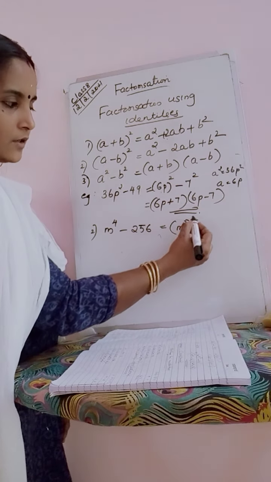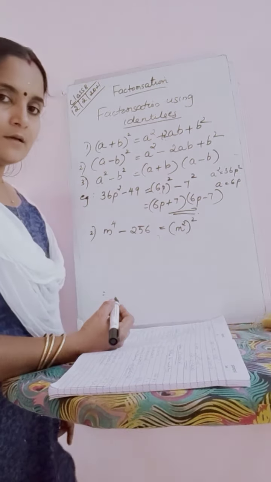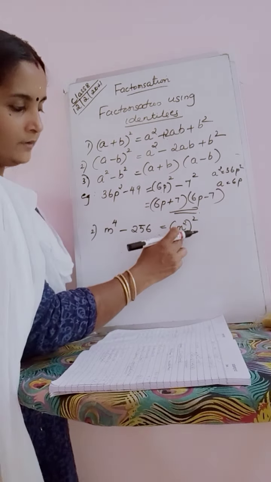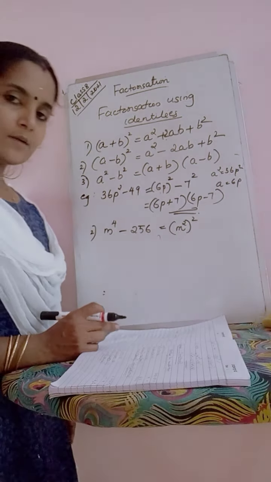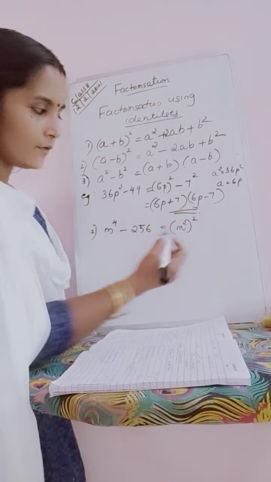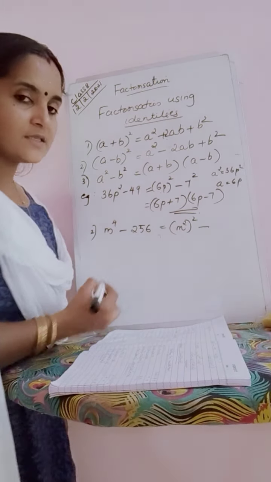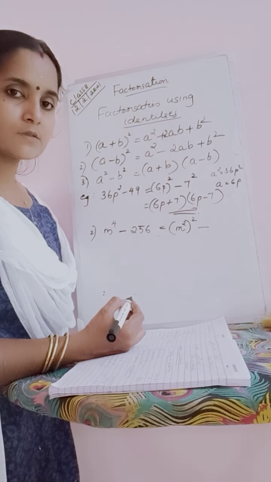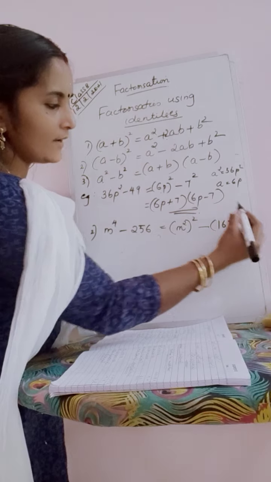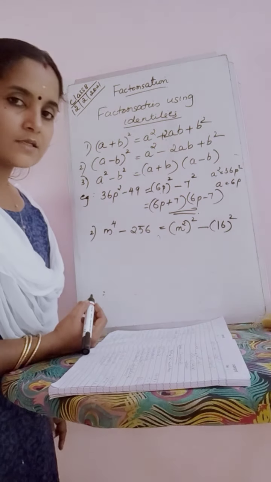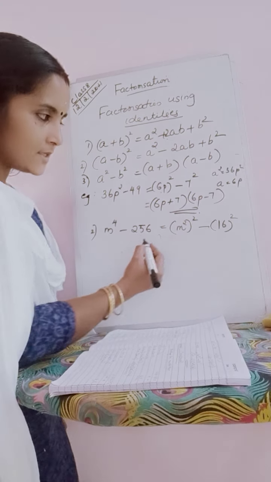Applying the law of exponents, a raised to m the whole raised to n is a raised to mn, that is m raised to 2 into 2, it is m raised to 4. Minus 256 is also a perfect square and it is the square of 16. So we can write it as m square the whole square minus 16 square.